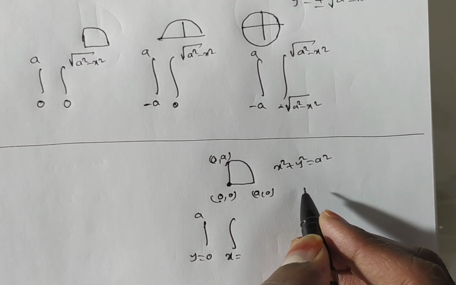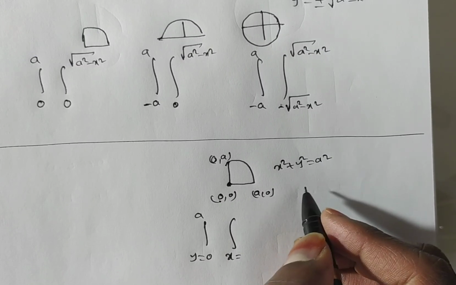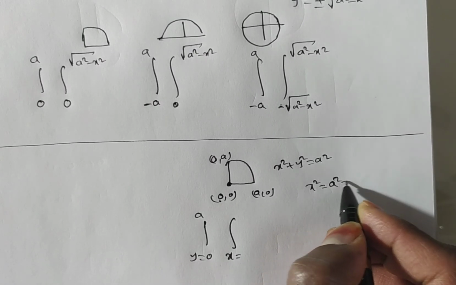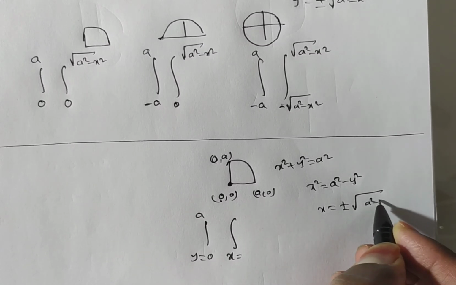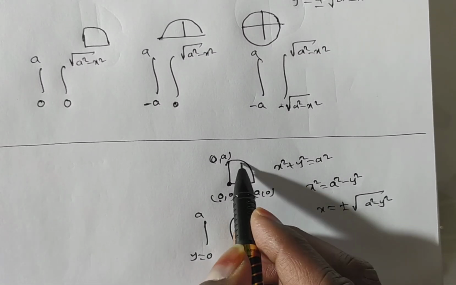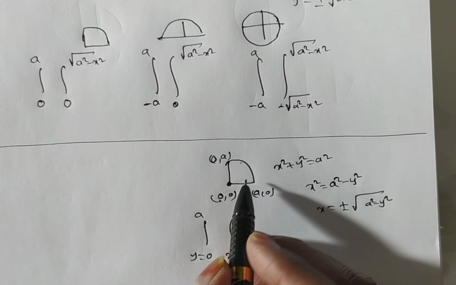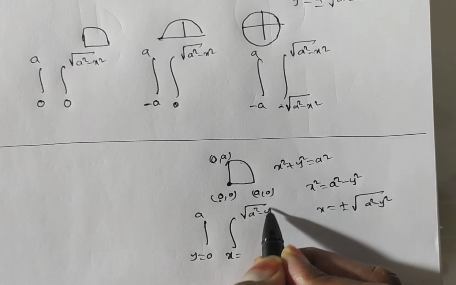Now I want to write x as dependent on y, that is, x as a function of y. So x square is equal to a square minus y square. Then x is equal to plus or minus square root of a square minus y square. But on this first quadrant the value of x is only plus square root of a square minus y square.